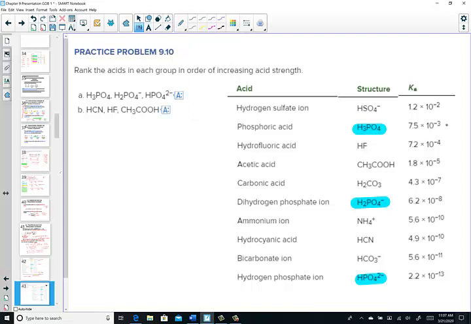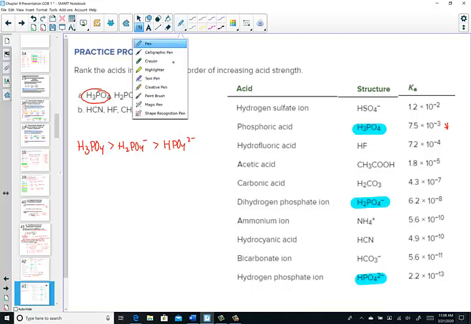The one with the biggest number is the original H3PO4, the strongest acid. So this would be first. H3PO4 is stronger than H2PO4 minus, which is stronger than HPO4 2 minus.